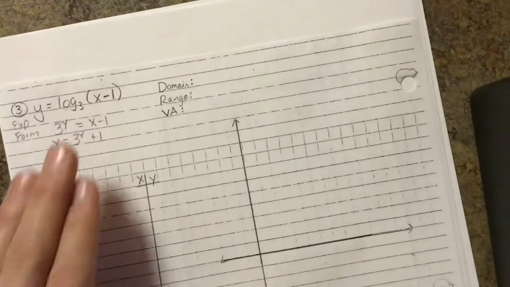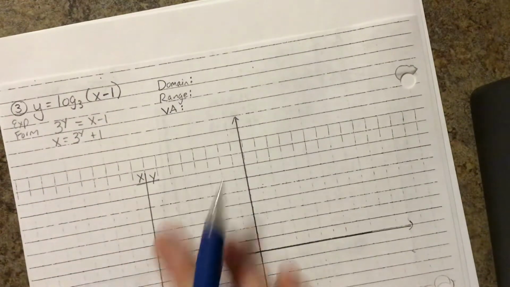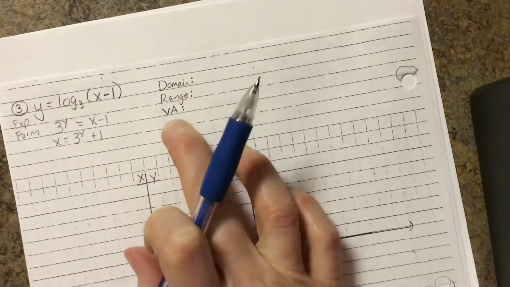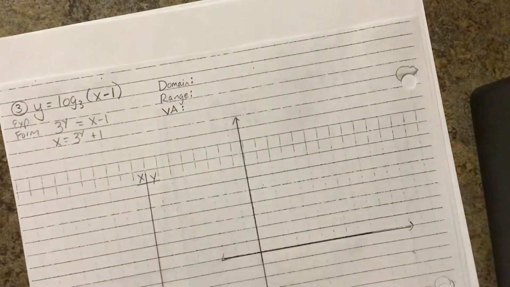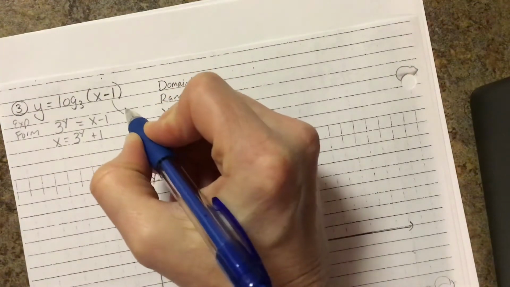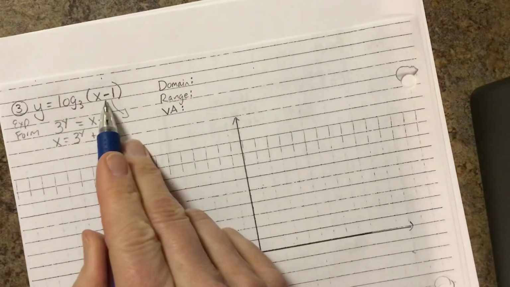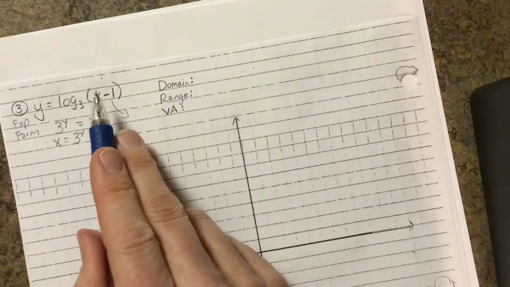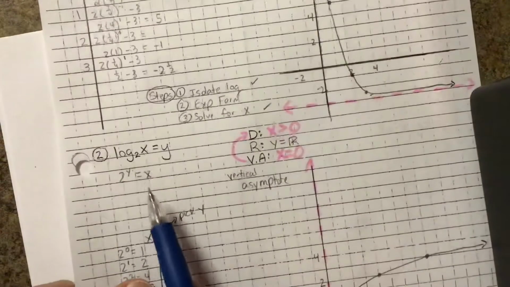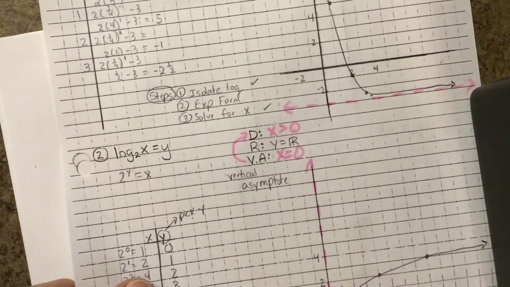Okay? Now, before I get my points, I'll talk about domain, range, and vertical asymptote, VA. The vertical asymptote deals with the number, if there is one, with the x in the argument. Last time it was just x, so the VA was 0.